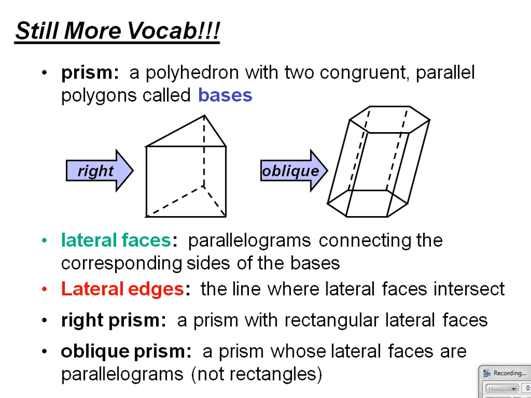And so there, the lateral edges actually don't meet the edges of the bases at right angles. In addition, if we have oblique prisms, the height of an oblique prism is not measured at its slant height, but rather the distance between the bases, as shown there in the diagram.